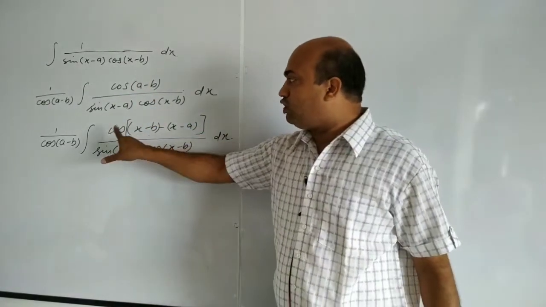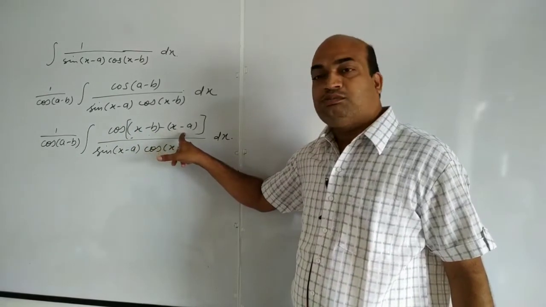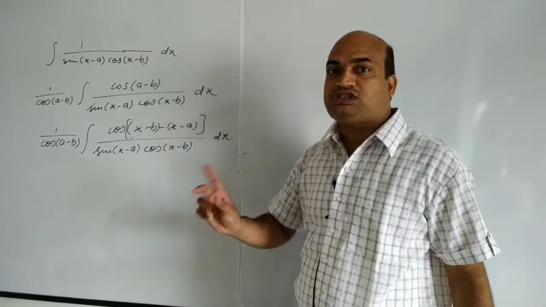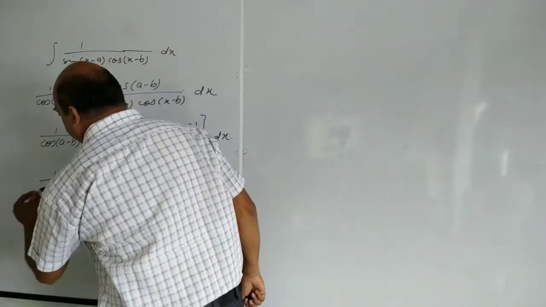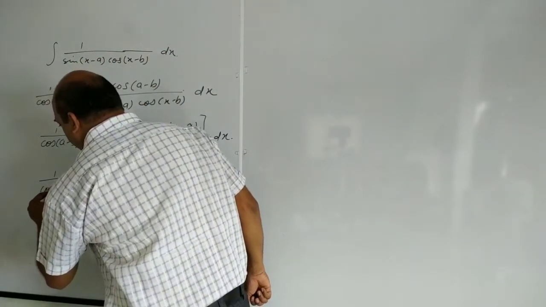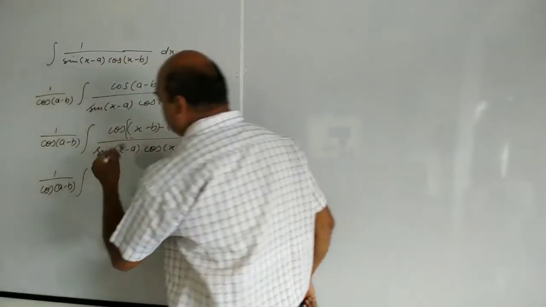And here apply cos(a-b). Cos(a-b) is cos a cos b plus sin a sin b. So it is 1 upon cos(a-b) integration.